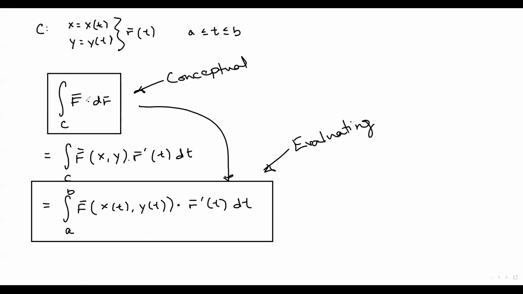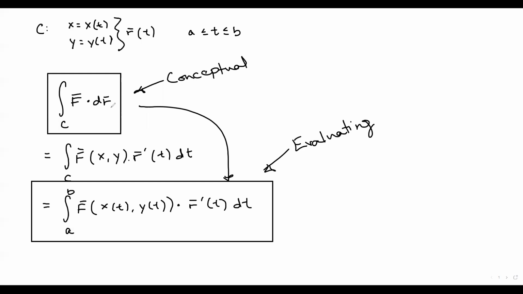It's a product of a vector field vector with dr, which represents the direction and distance you're heading in. This represents the vector field, and this represents the direction that the curve is heading in. A work integral is a dot product between the vector field and the direction vector.